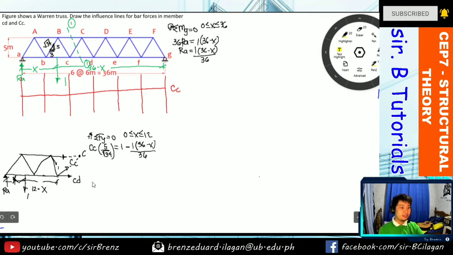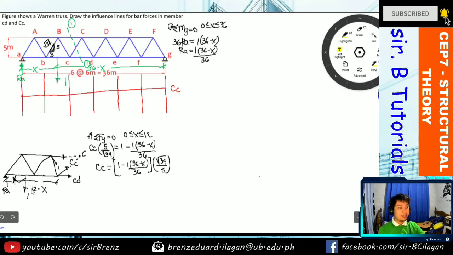If you're going to solve for CC, i-transpose mo, or 1 minus 1 times 36 minus x all over 36, and then quantity, times square root of 34, and then i-divide nila ito ng 5. So, again, this is applicable for 0 to 12.